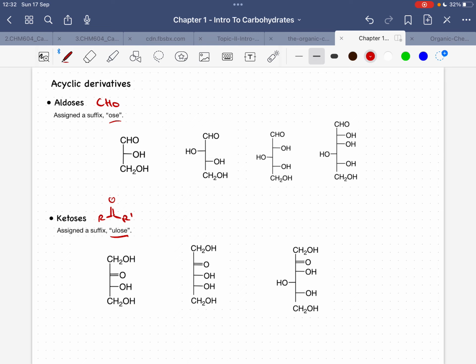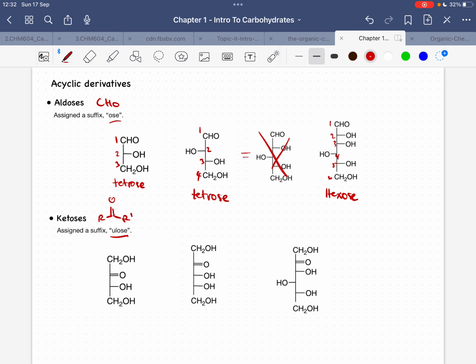For example, here 1, 2, 3: it has three carbons, so this becomes a triose. By the way, it is the same molecule. Here, 1, 2, 3, 4, four carbon atoms, this becomes a tetrose. And this one, 1, 2, 3, 4, 5, 6, is a hexose.